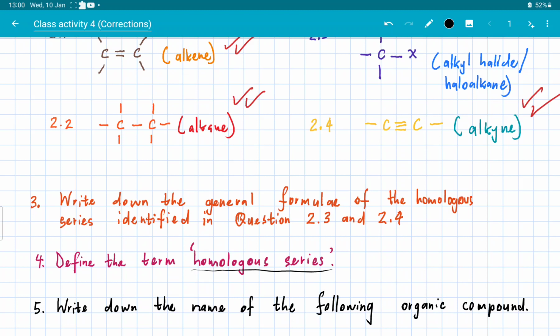If you have different functional groups, you have different homologous series, because a homologous series is a group of organic compounds that have the same functional group and are defined by the same general formula.